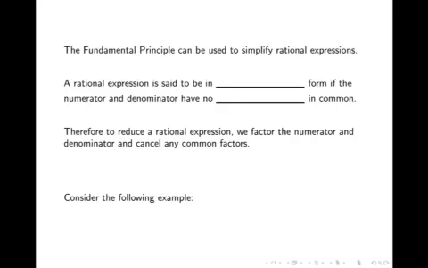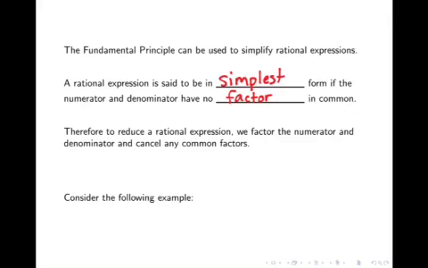Okay, so like I already mentioned, the fundamental principle can be used to simplify rational expressions, and a rational expression is said to be in simplest form if the numerator and the denominator have no factor in common.